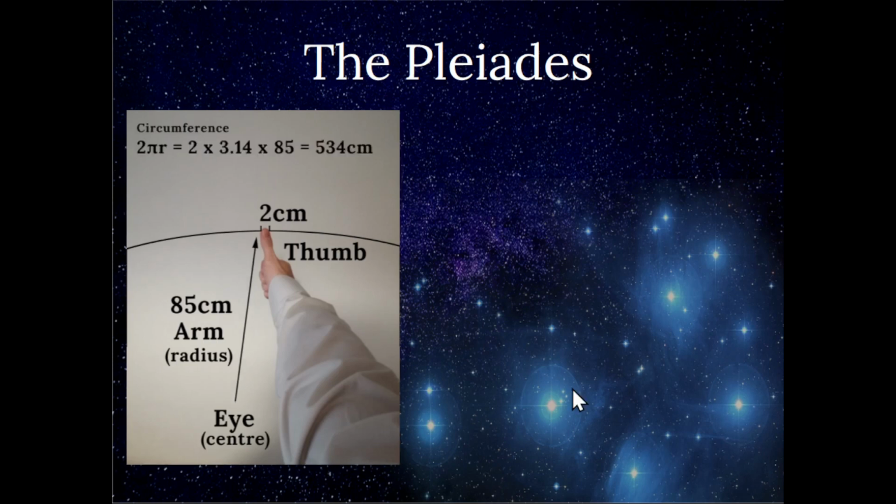From this we can calculate the circumference of the circle, that is the radius of my arm with my eye in the center. It's 534 centimeters. And we can calculate the fraction that this 2 centimeters is of the entire circumference, and times by 360 degrees gives the angle that my thumb covers, 1.3 degrees.